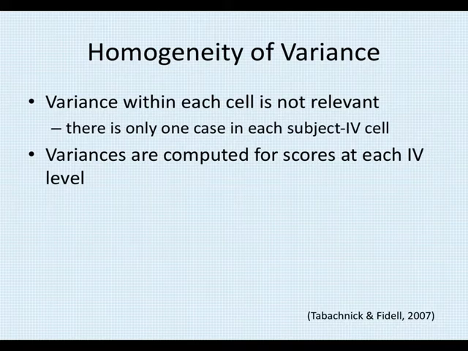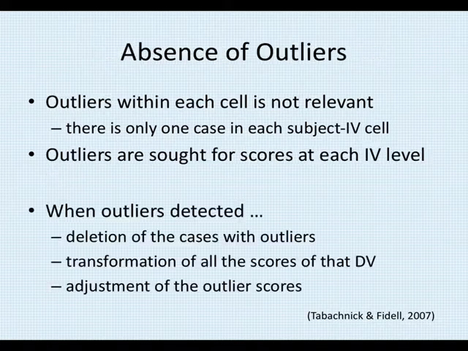So we get a variance for time 1, a variance for time 2, a variance for time 3, and then do the Fmax. Does that make sense? So in the past, what we did was we split this file by their grouping, or the cell, and then we got the different variances. Now we don't need no more splitting. We just get the variance of the variables, and then do the Fmax.